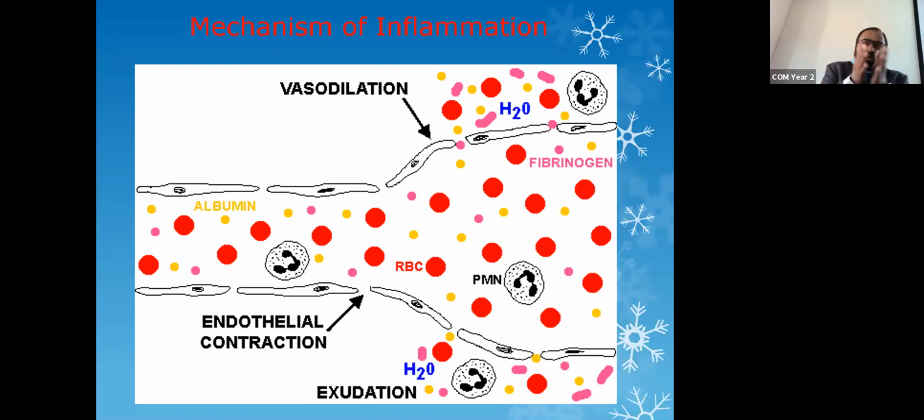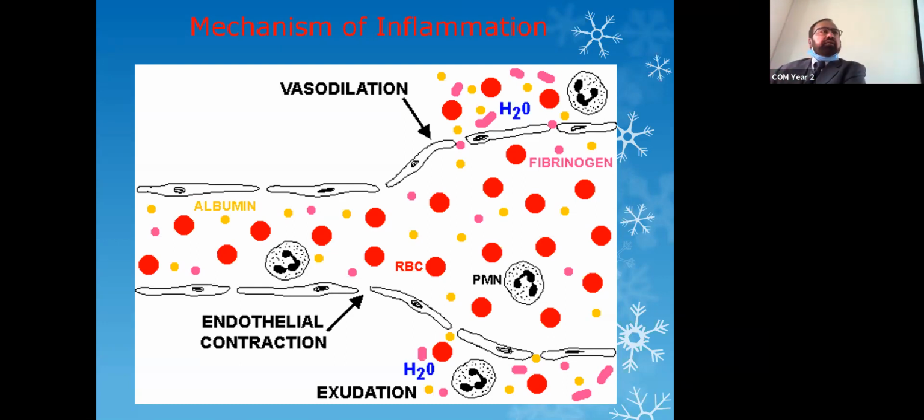After WBCs come RBCs, and after RBCs then platelets, because they are even smaller. And after platelets come the proteins, whatever fluid is there. By this, the flow of blood is done easily.